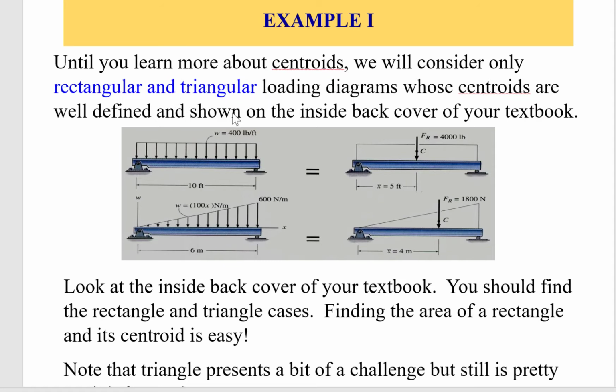I don't want you to do the integration because I don't think you are ready for it, but we'll show you how to use it, and also we'll memorize how to find the centroid of a rectangle, which we said is its center, and also of a triangle, and a combination of both.